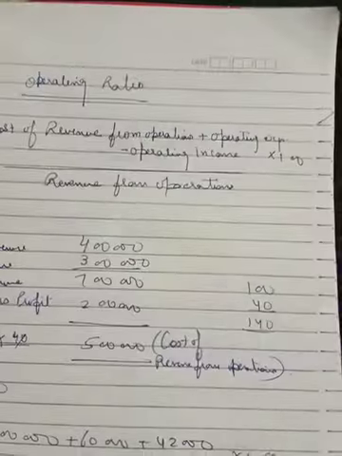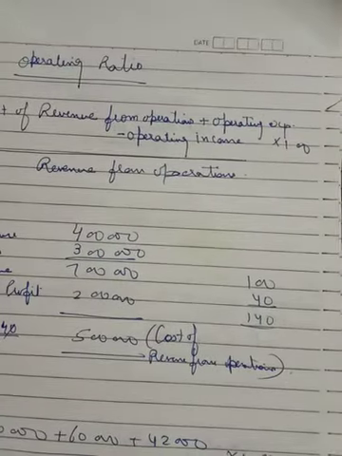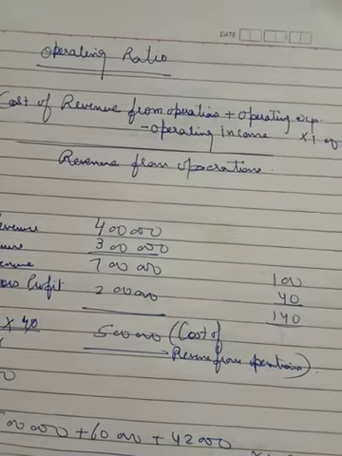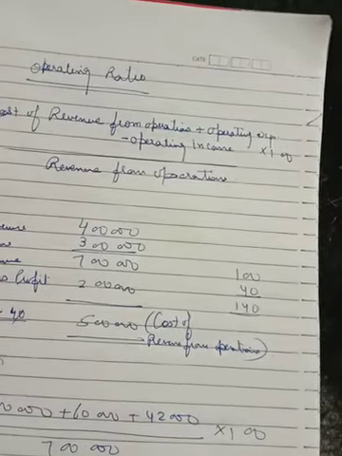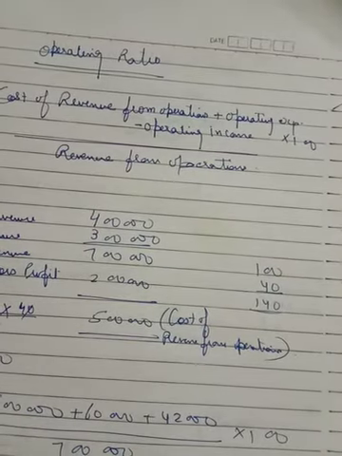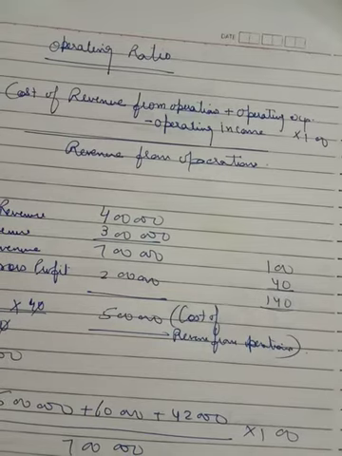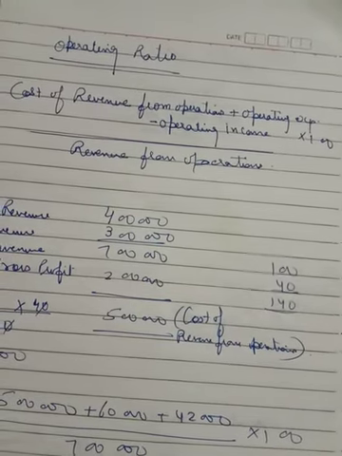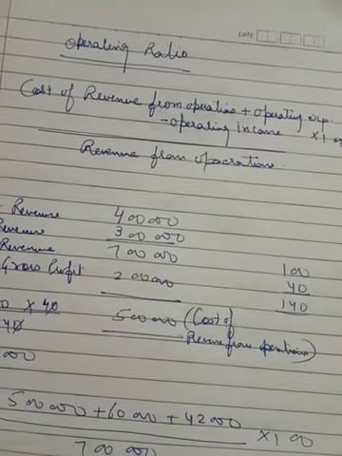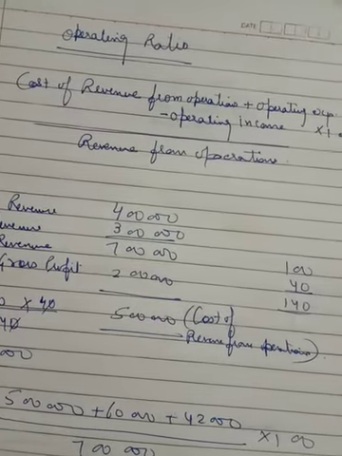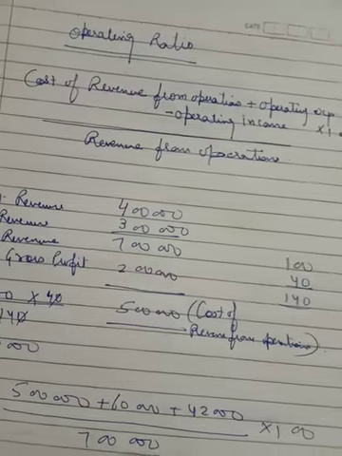It is concerned with the measurement of the efficiency and profitability of business enterprises, as it is an income ratio. This ratio indicates how much of the revenue from operation can be absorbed by the cost of revenue from operation and operating expenses.